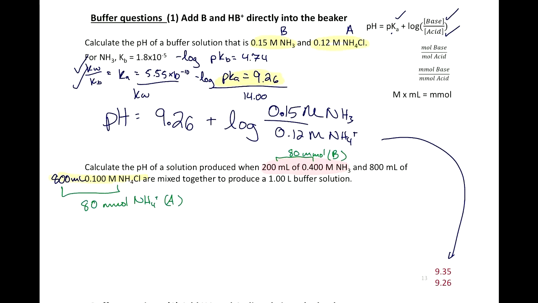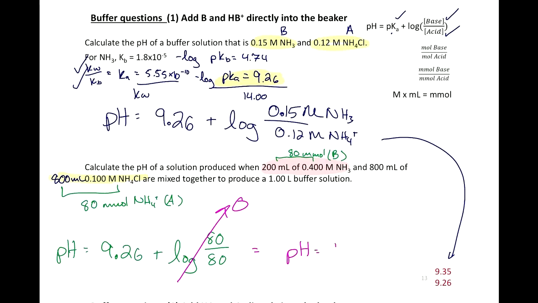So there we got our base to acid ratio. So simply, pH is the same pKa we got before, 9.26, plus log of 80 over 80. 80 over 80 is 1. What is the log of 1? 0, yes. And so we see pH is equal to 9.26.